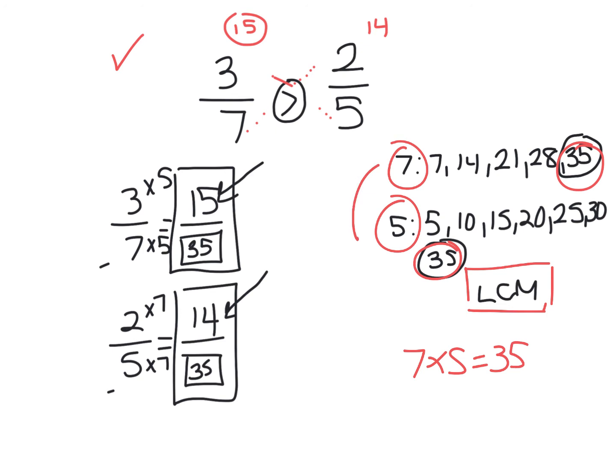And often that can happen. Go ahead and do some practice ones because this is a process, and remember not to stop after you just list the multiples. You have to find the least common multiple and then make those equivalent fractions before you can compare.